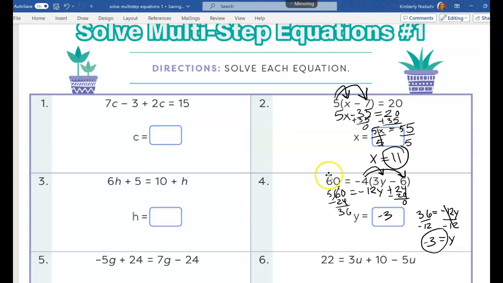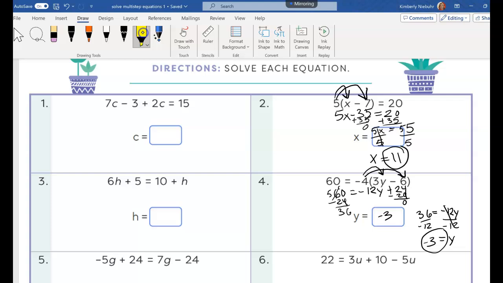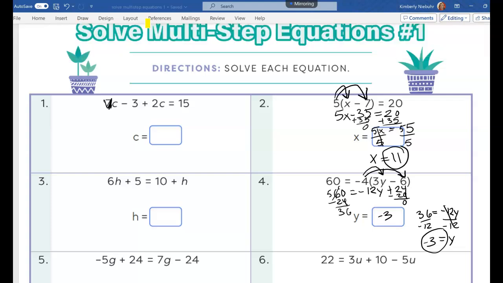All right, so I've done all of the ones with the parentheses that are telling us to do the distributive property. Know that we're going to have a lot of work to do, and I'm not going to do all your work for you. I will work number 1 because it does not have the distributive property in it. We're just combining like terms.